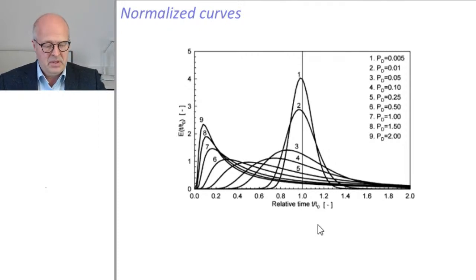Now, this is why we do trace experiments, and when we do trace experiments, we can actually identify systems that have preferential flow as well, which is very important for predicting the transport of solutes in these systems, for example, of pesticides. So this is not a big problem for substances where the main mass counts, like chloride.